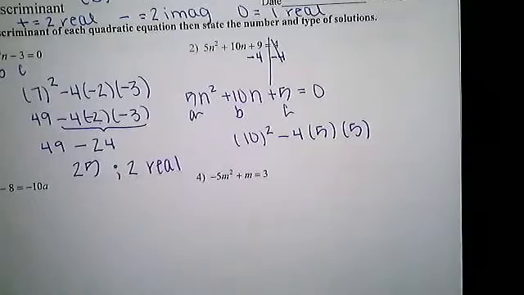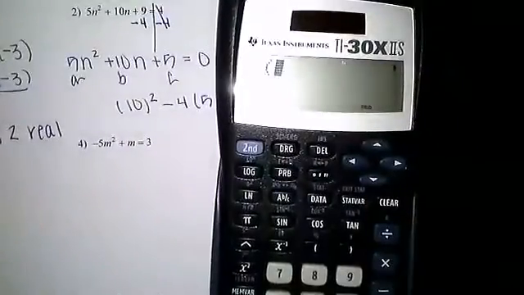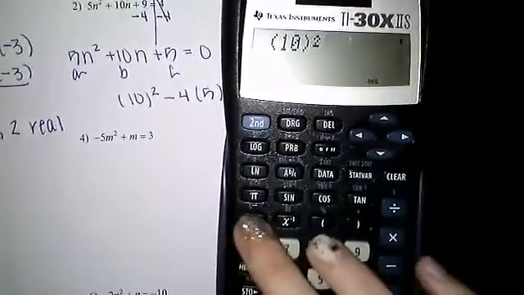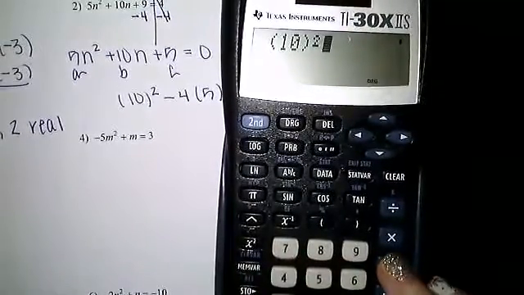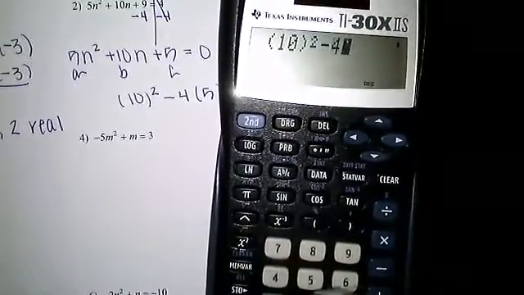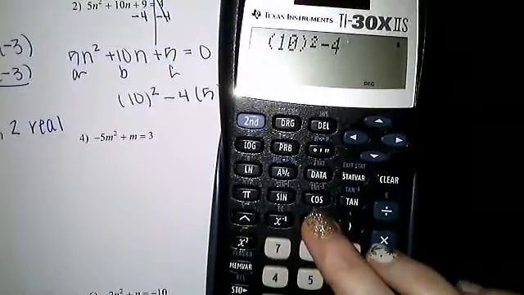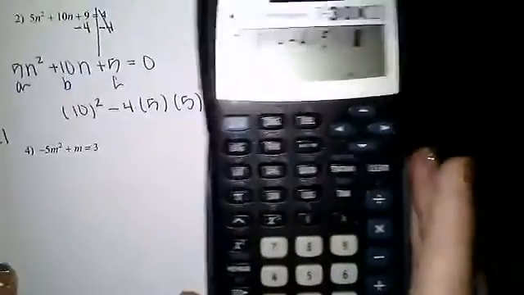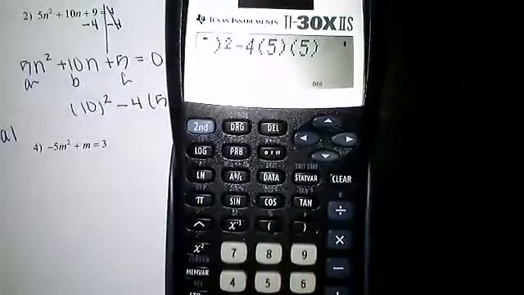And I'm going to show you how to do this in your calculator. So what we'll do is we'll put parentheses 10 to the second power, which is our x squared button. We'll use the subtraction button, the 4, parentheses positive 5, and parentheses positive 5 again, and enter.